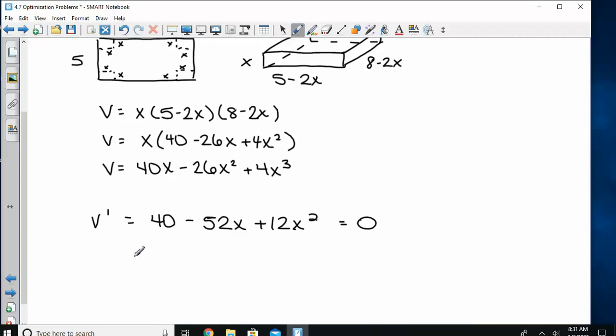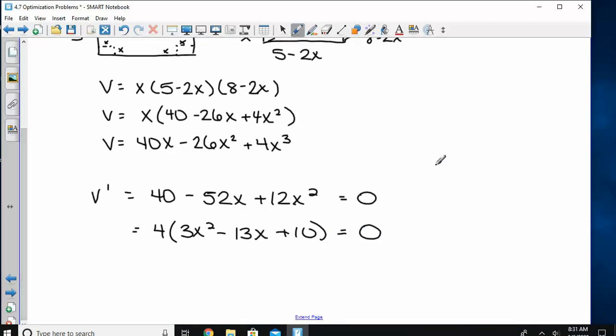So I'm going to go ahead and pull out my greatest common factor, and I'm probably going to reorder this. If I pull out my 4, then can I put my x squared term first? So that would become 3x squared minus 13x plus 10. What do I have to do for that inside?